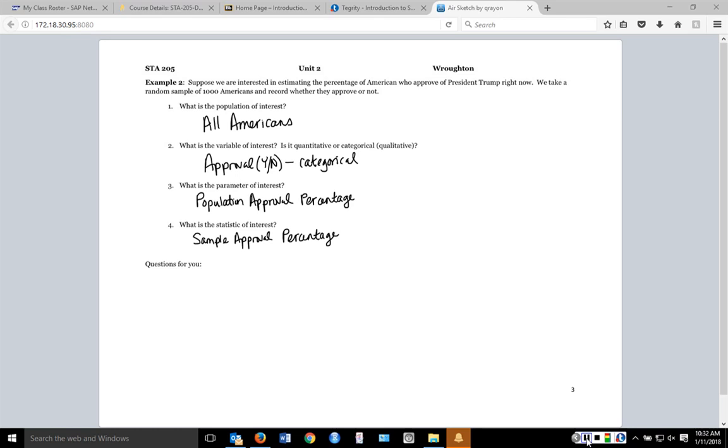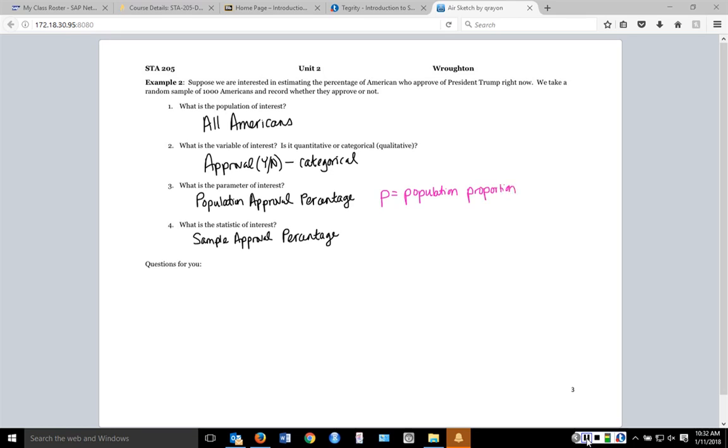Since these are different than the ones we talked about before, they also have different symbols. We're not calculating a mean anymore. So P represents a population proportion. A proportion versus a percentage: a proportion is just the decimal form of a percentage.